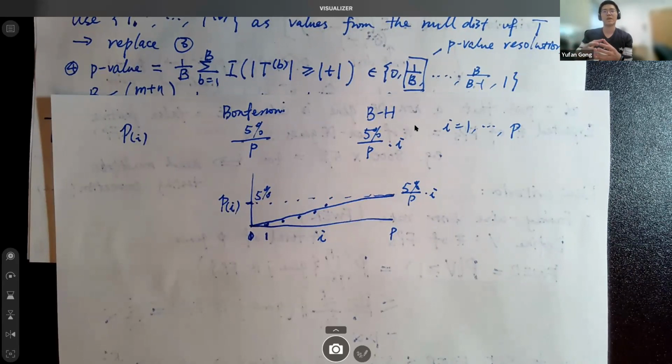But for the BH, we actually have more rejections. So we have 20 genes that are highly related to our outcome. How would we interpret our results biologically? Does that mean if we use Bonferroni, then we just filter out those 10 additional genes?